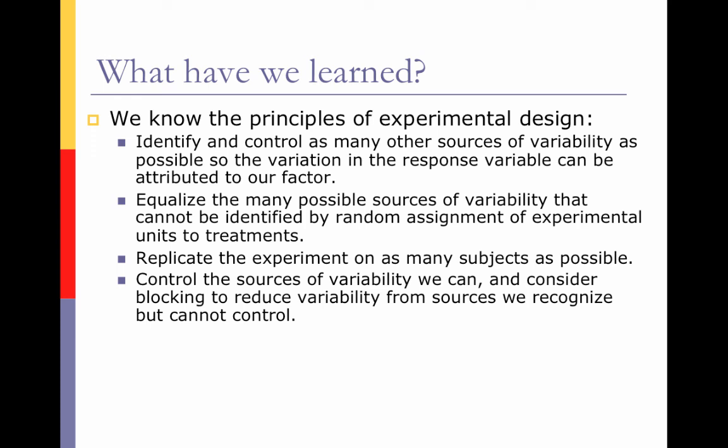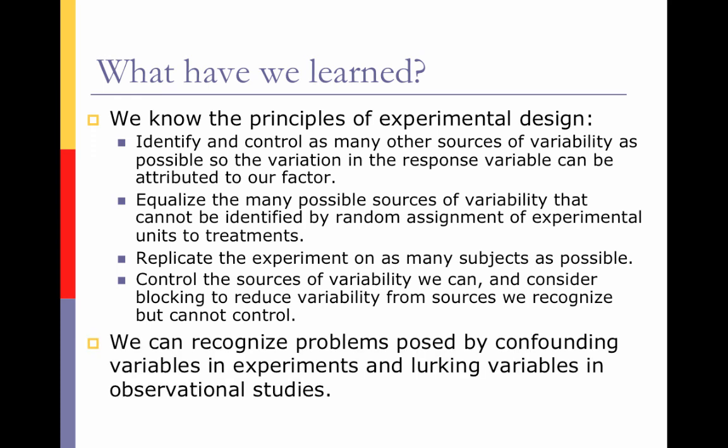We know we need to replicate the experiment on as many subjects as possible, and we need to control the sources of variability that we can, and consider if we need to block to reduce variability from sources we recognize but cannot control. We also can recognize problems posed by confounding variables in experiments and lurking variables in observational studies. That is it for Chapter 13.